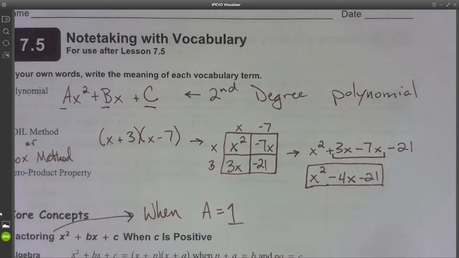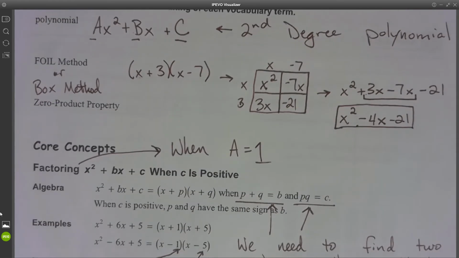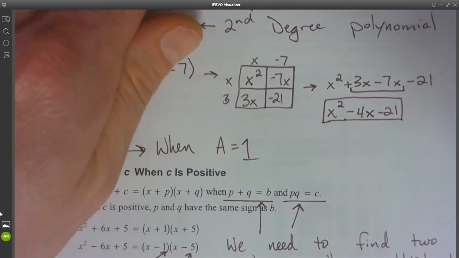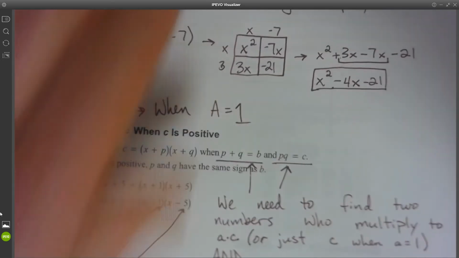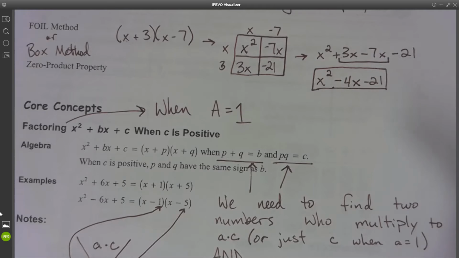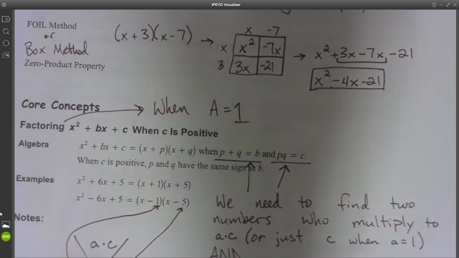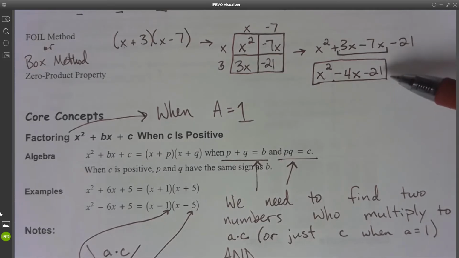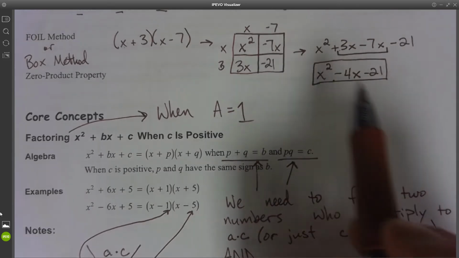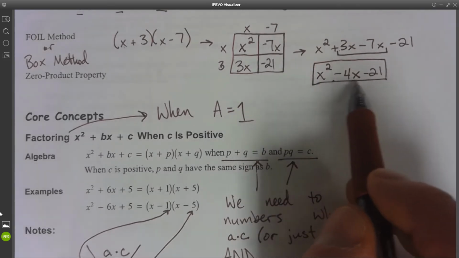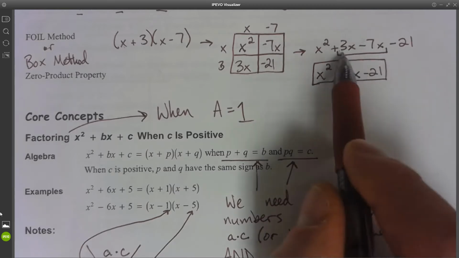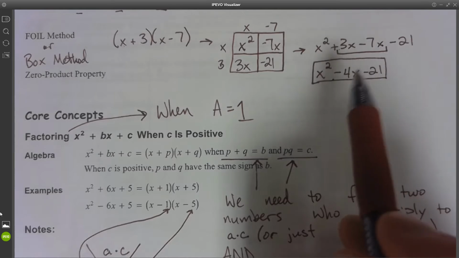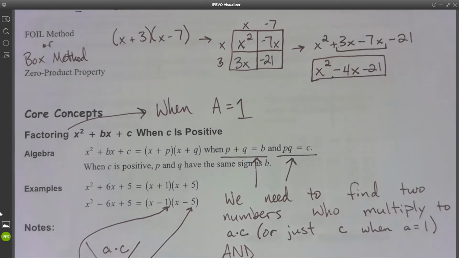So we're going to be looking for two numbers which multiply to c. So that last term. But the hard part is there might be lots of different combinations of numbers that multiply to that final term. So we need to figure out how do we take this middle term and split it up into two separate numbers that are going to add to this middle term.